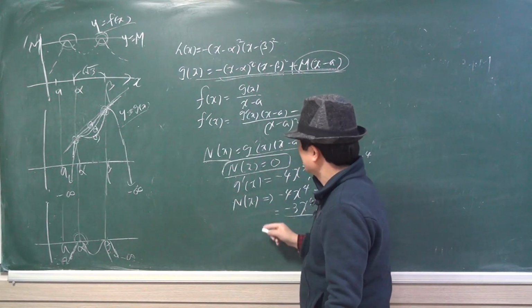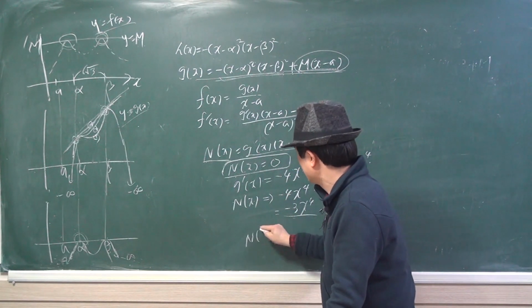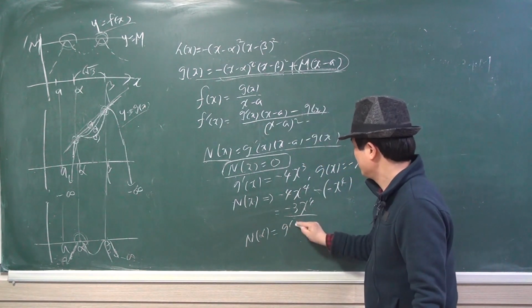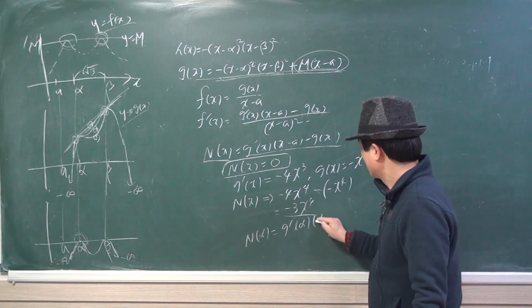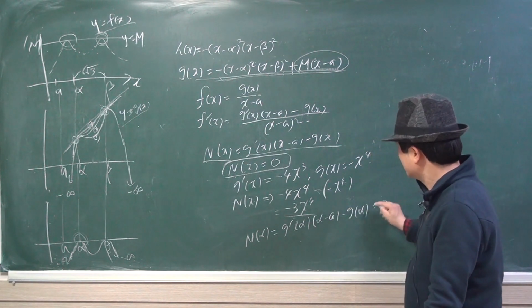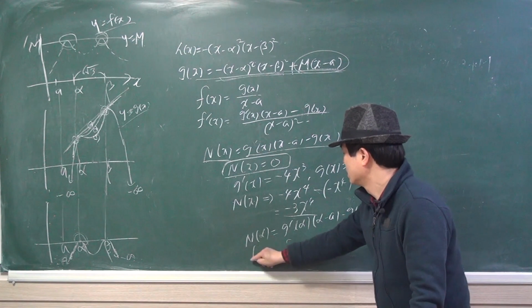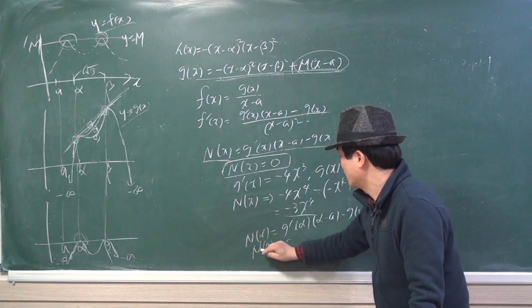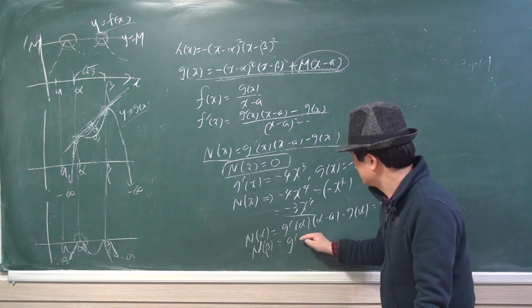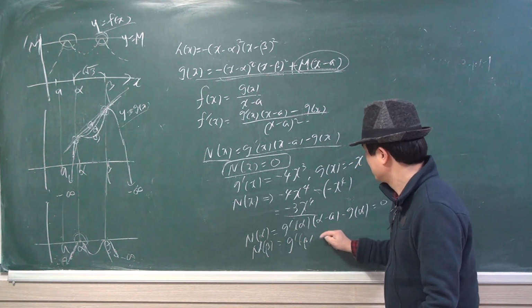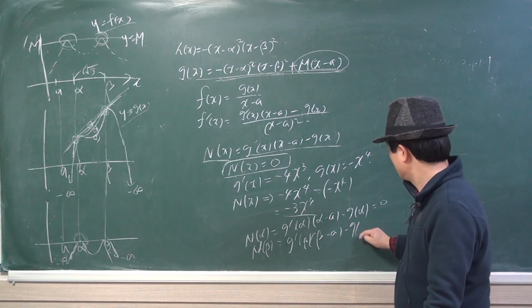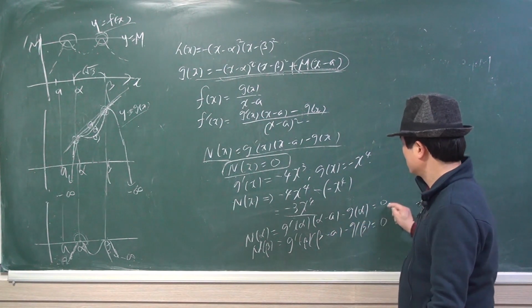and n(alpha) equals g'(alpha) times (alpha minus a) minus g(alpha) is 0, and n(beta) equals g'(beta) times (beta minus a) minus g(beta) is also 0.